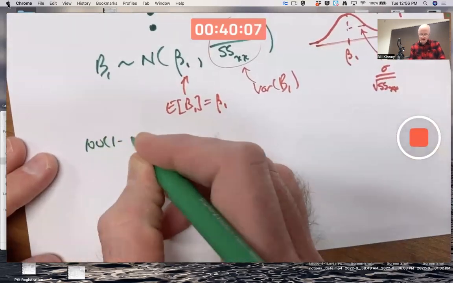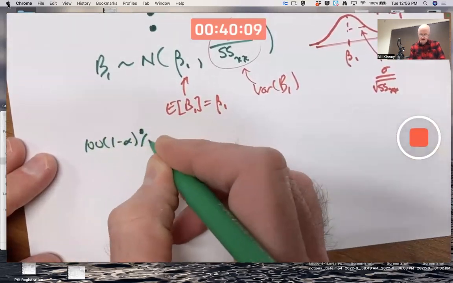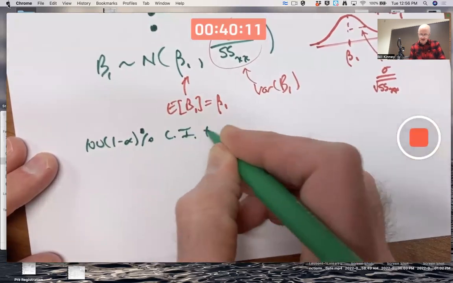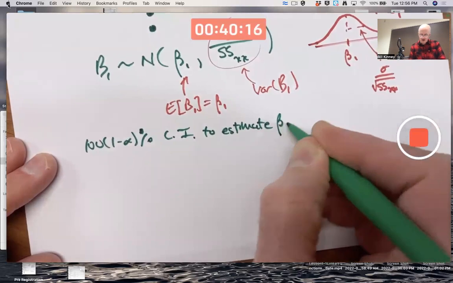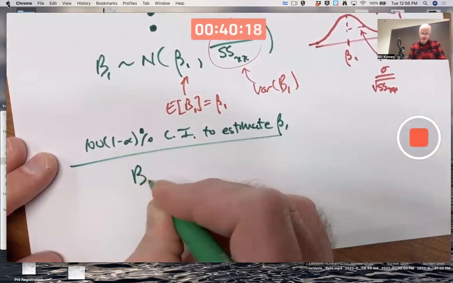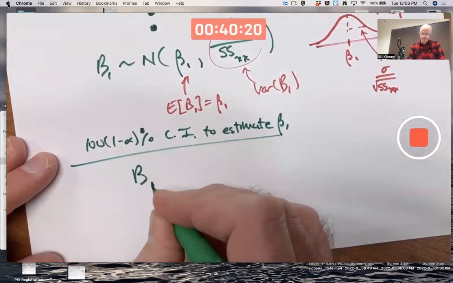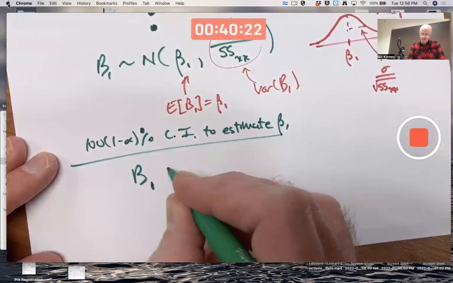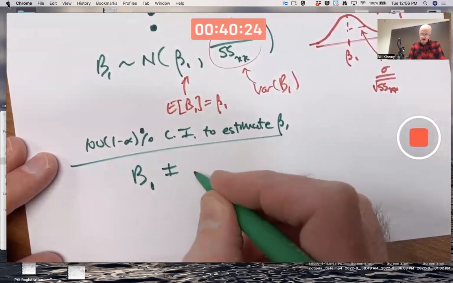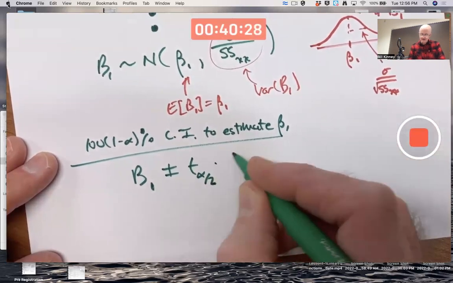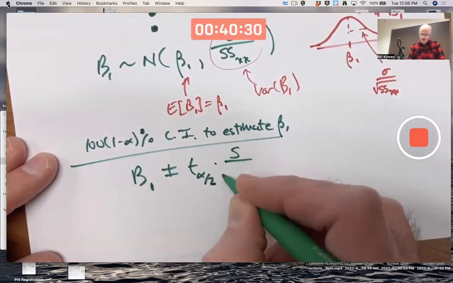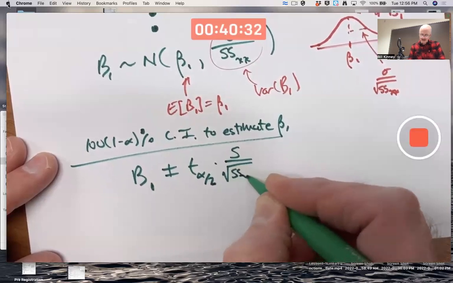The 100 times 1 minus alpha percent confidence interval to estimate beta 1 has a natural unbiased point estimator B1 plus or minus a margin of error. The margin of error is t sub alpha over 2 times S over square root of SSXX.